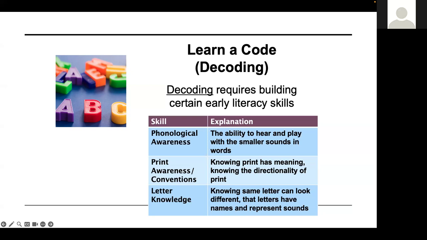And then letter knowledge, knowing letter names and that they represent sounds, and knowing the same letter can look different. So, knowing letter names and sounds and being able to hear and play with the sounds in words, phonological awareness, those are the strongest predictors of early reading success through grade 2, that decoding piece.